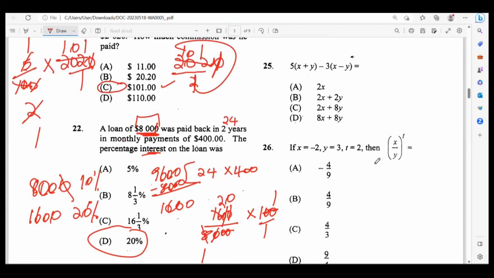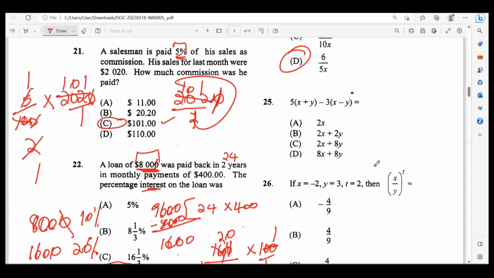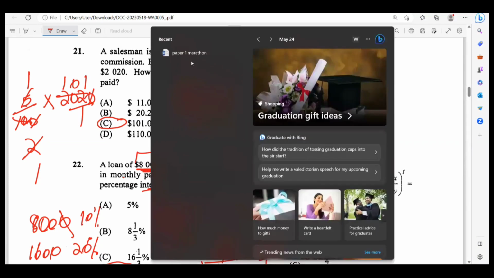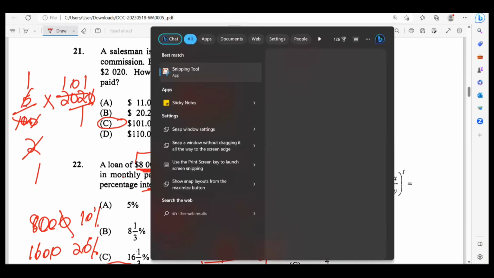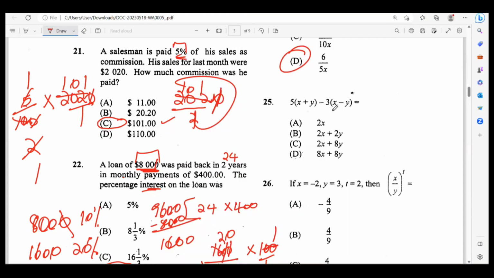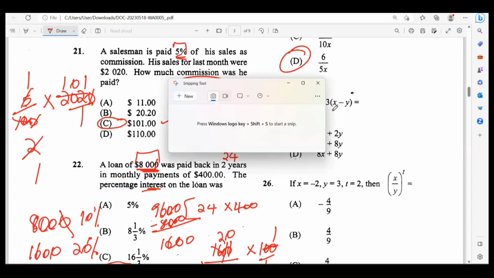All right, let's look at this question. We want to go through this. We want to apply our distributive property. It's a little bit crowded there for me. Let me go back for my slipper. All right, guys, give me 1 second.